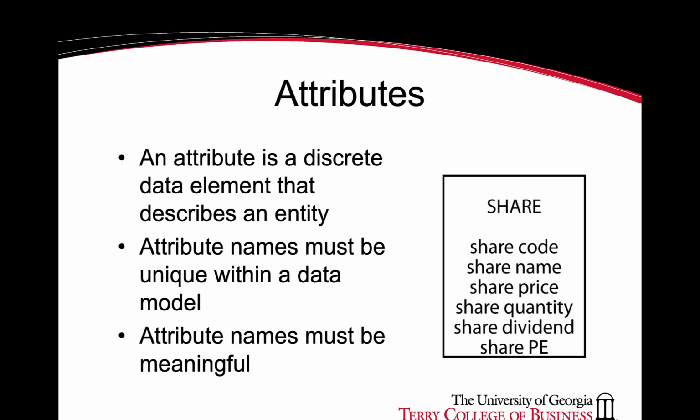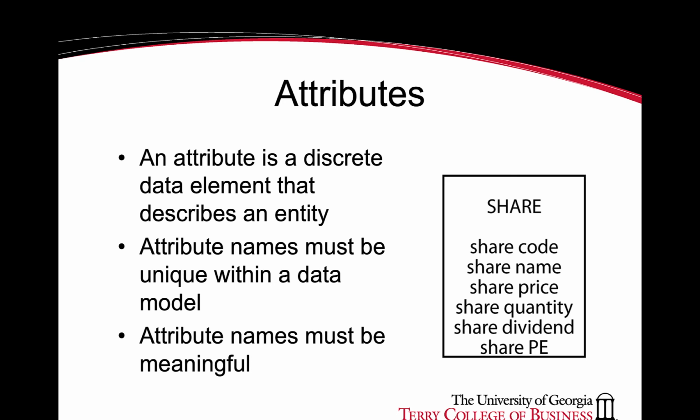Another important concept associated with the data model is that of an attribute. An attribute is a discrete data element that describes an entity. An attribute is a fact that we wish to know about the entity. Think of some common facts that we might want to know for a student, for instance.